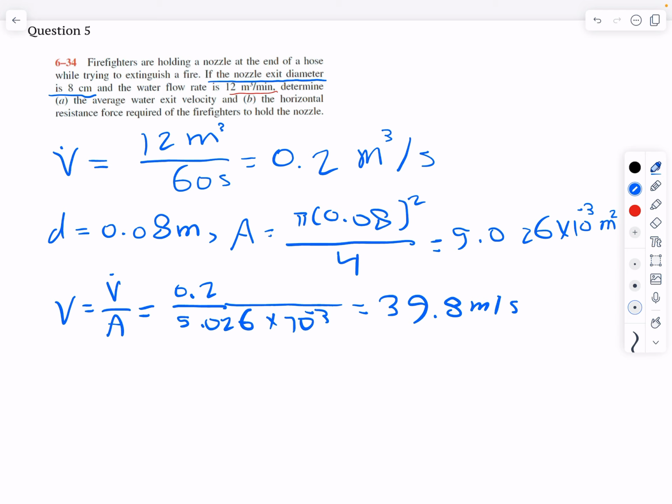Now let me just sketch some drawing for the problem. So they have a hose.